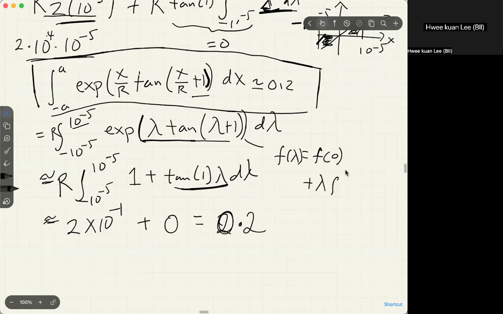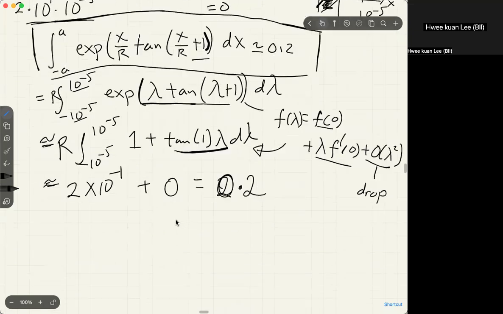We make it linear plus order lambda square. And then we drop this because it's small. Lambda is small, lambda square is smaller. So we keep this. Then we come to here. Then everything is easy. Okay, it makes sense.